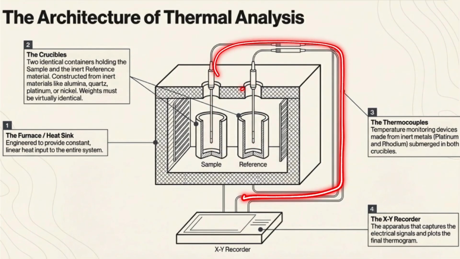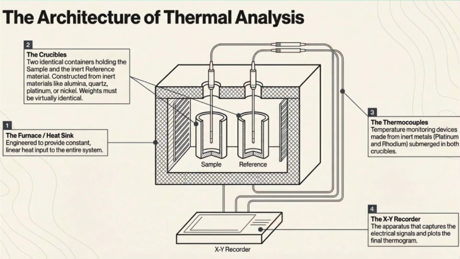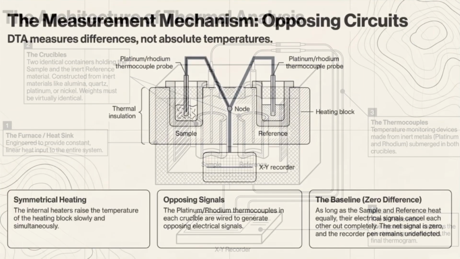They are attached to the chart recorder in order to measure the difference between the sample container and the reference container. These containers are also called crucibles, and they are made up of inert materials such as alumina, quartz, platinum, nickel, etc. The purpose of simultaneous measurement of the sample and reference through thermocouples is to measure the temperature change between the two holders.